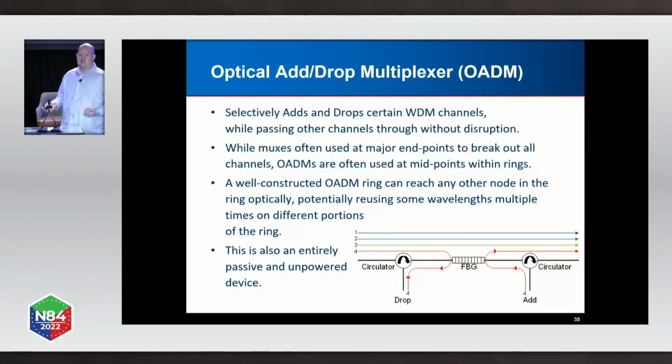An OADM tends to be a node on a ring where, for example, you want to access a channel 2, channel 4, whatever that is, but you want to let the other 30, 40, 50, 80, whatever channels go by untouched. So it ends up looking like this. You have a component called a circulator and an FBG, and I'll talk more about them in a second, and that lets you add and drop that channel without disturbing the others.